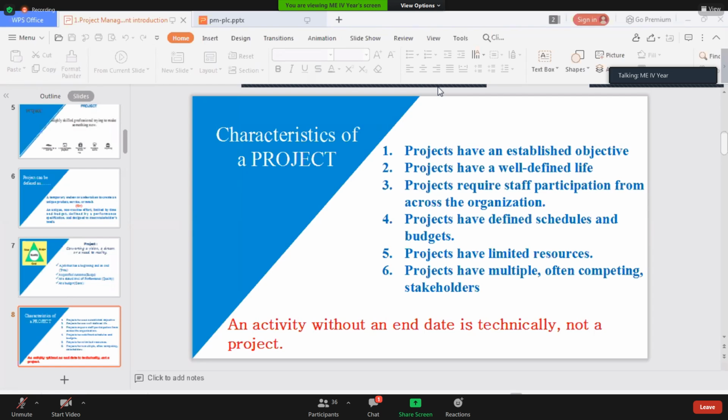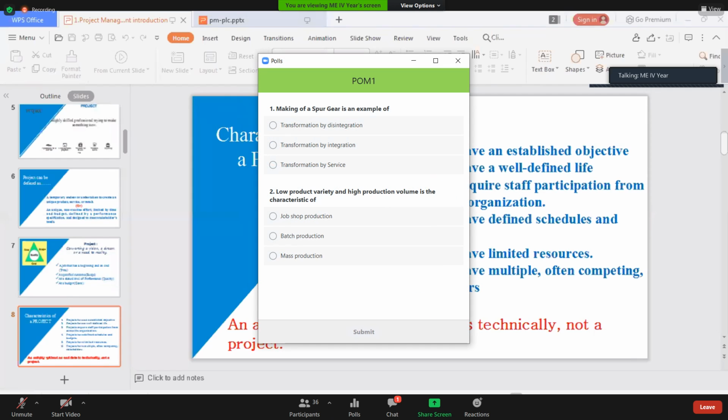For the purpose of attendance, I am launching the poll. Please cast your vote in the poll. Please mark your attendance in the poll. We'll give 1 minute time.